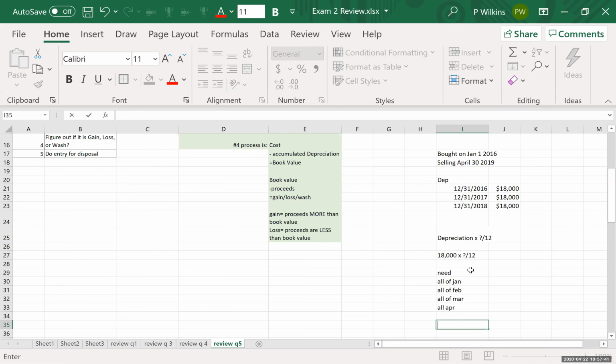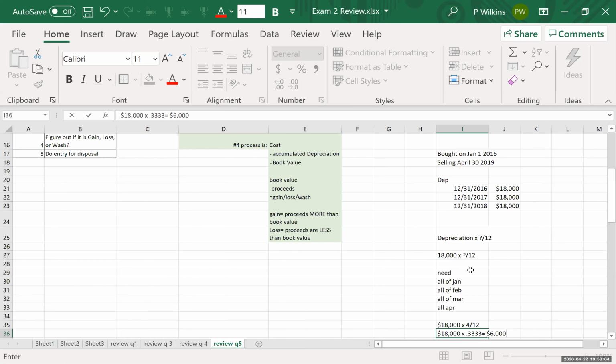So it's 18,000 times 4/12, right? Which is equal to 18,000 times 0.3333. And that will equal $6,000.